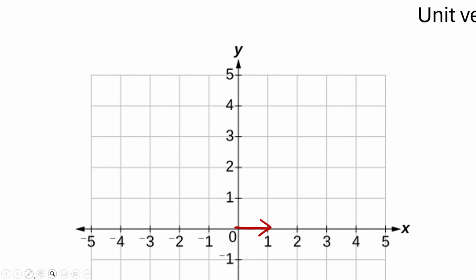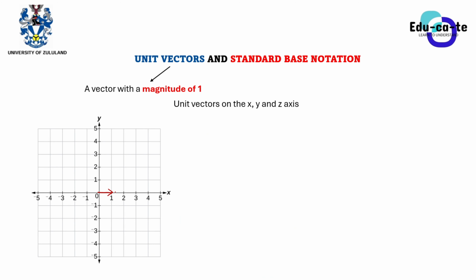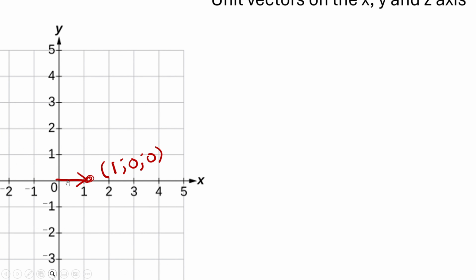Now we can describe the coordinates of this unit vector and say that our unit vector moves from 0, the origin, to this point, and the point is given by the x value of 1, the y value of 0 and the z value of 0. Basically we're trying to say that this vector has only a length of 1 along the x-axis.